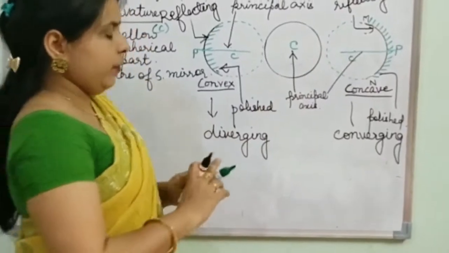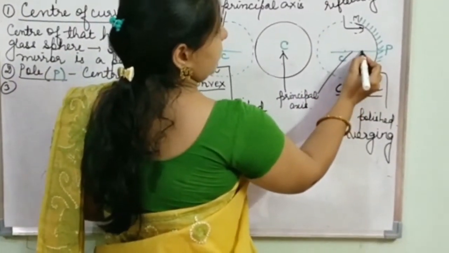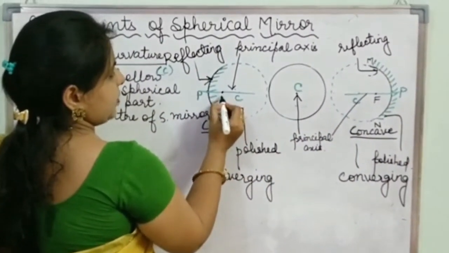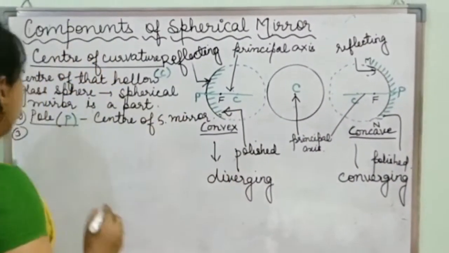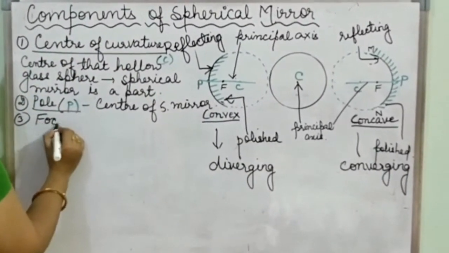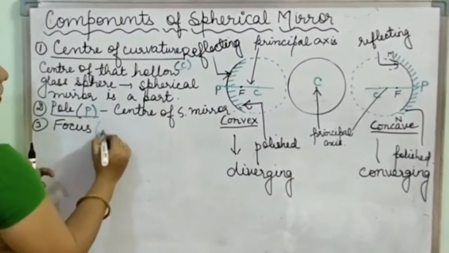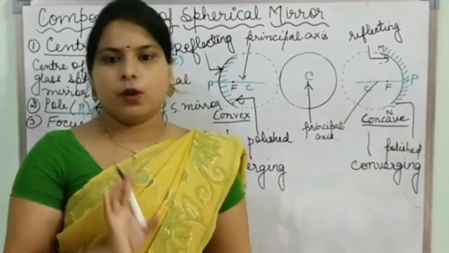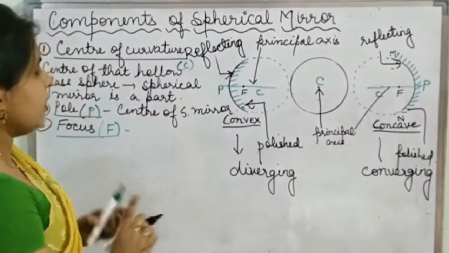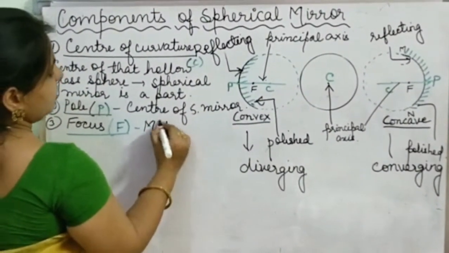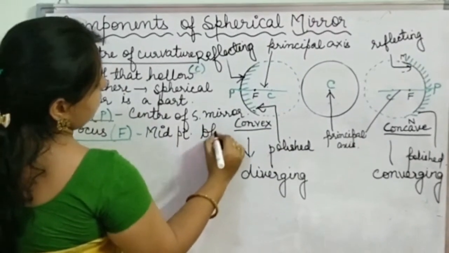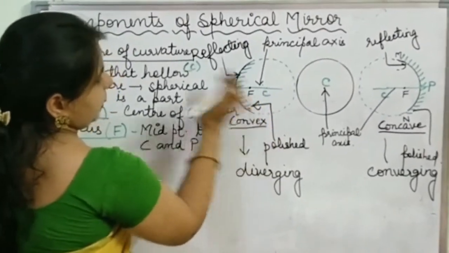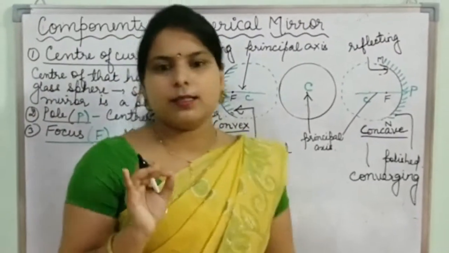The midpoint between C and P is represented by capital F, and this component is called the focus. Focus is represented by capital F, not small f. And what is the focus? It is the midpoint between C and P.